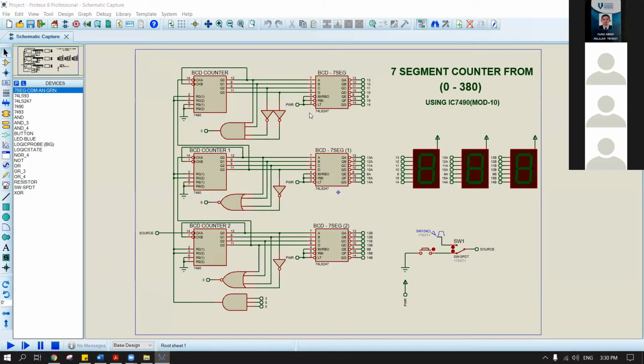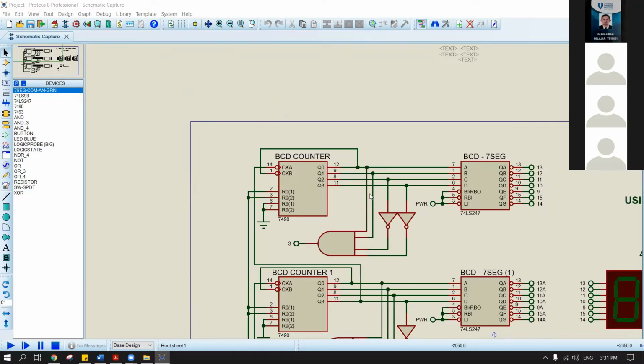So first we have to decide, for 380, what is the BCD for number 3, for number 8, for number 0. Okay, so for number 3, the BCD is 1100.